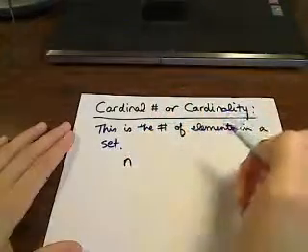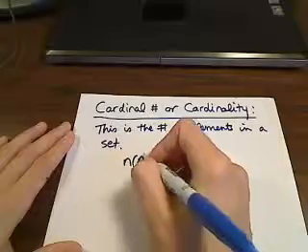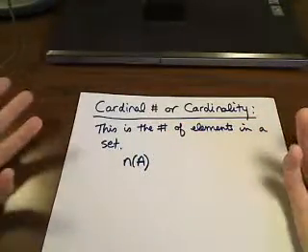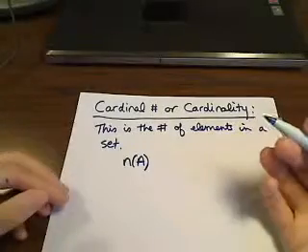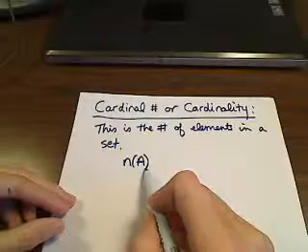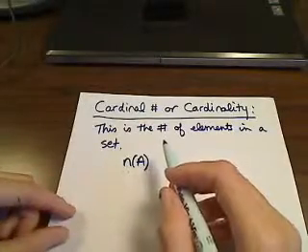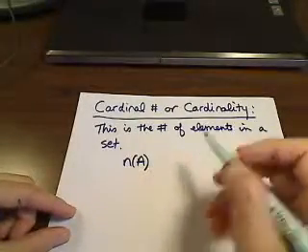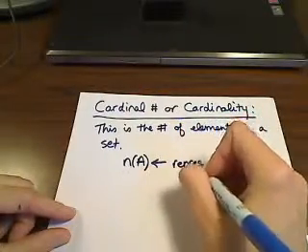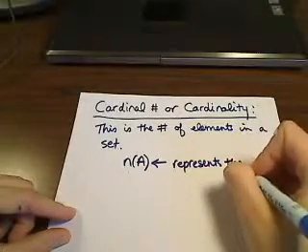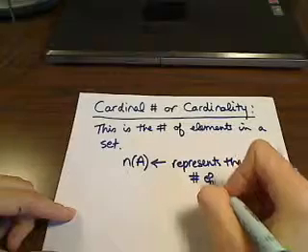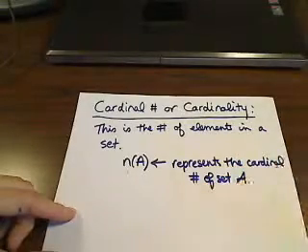We use the n, and it looks like this, n of A. So for instance, if we're talking about set A, and I want to know the number of elements in set A, this right here represents the number of elements in set A, which is the cardinal number. Okay. So maybe we should write that out. This represents the cardinal number of set A.